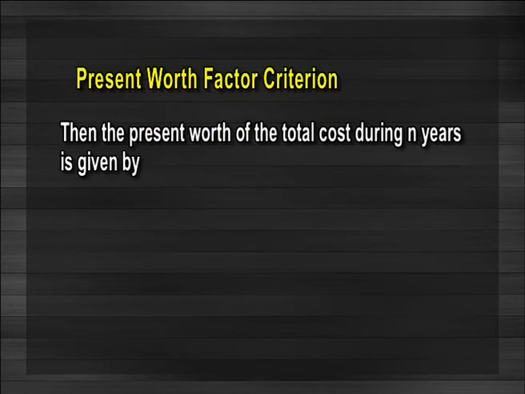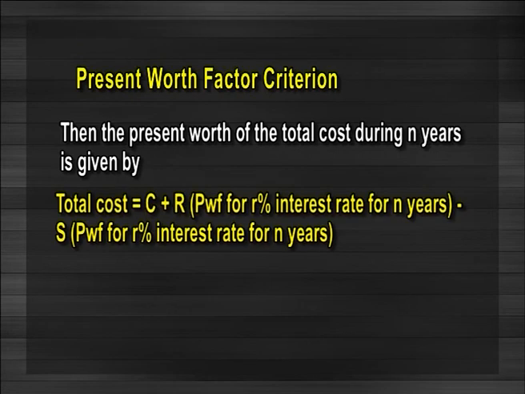Then the present worth of the total cost during n years is given by total cost equals C plus R into PWF for R percentage interest rate for n years minus S into PWF for R percentage interest rate for n years.